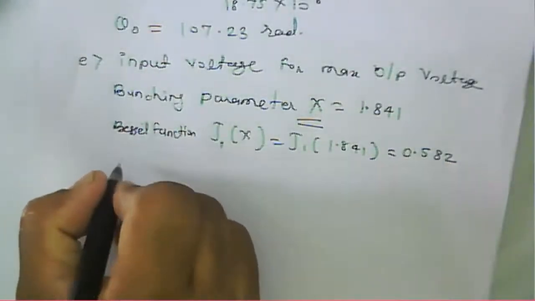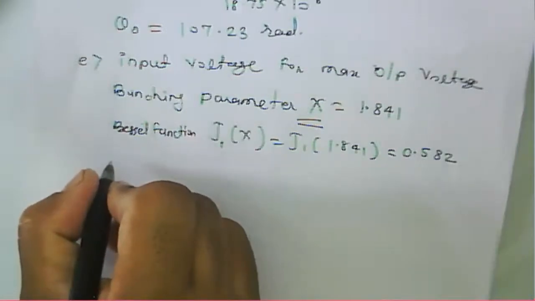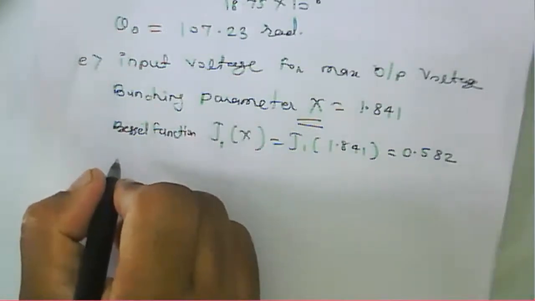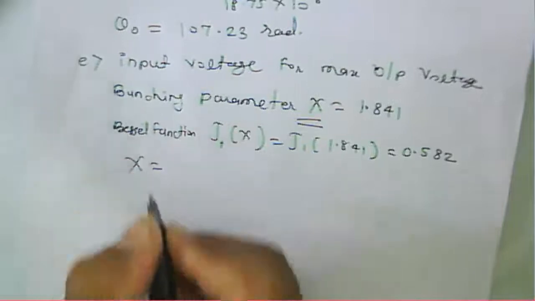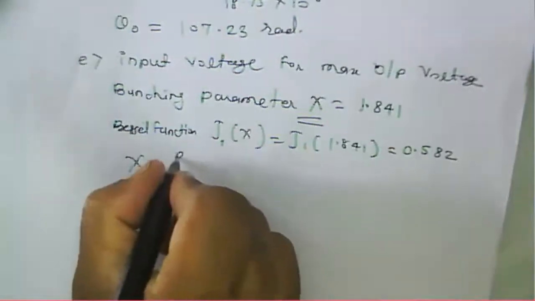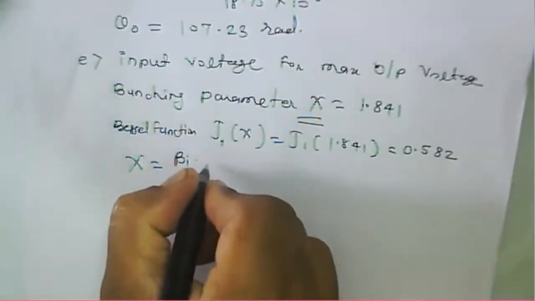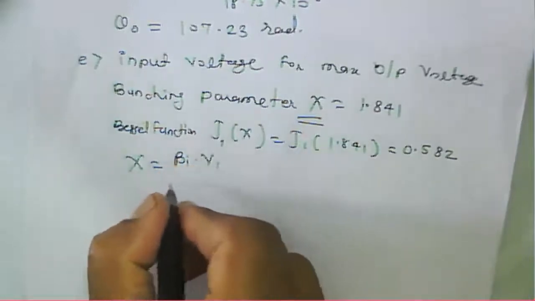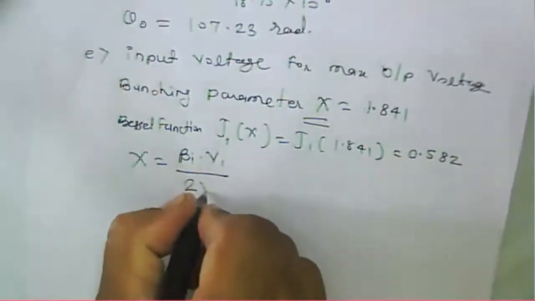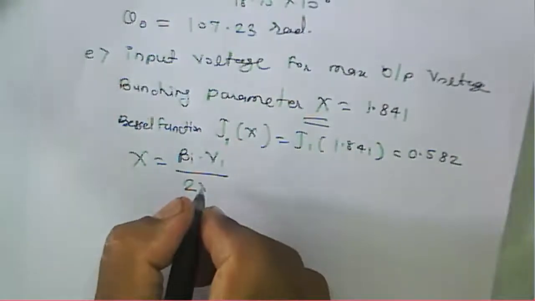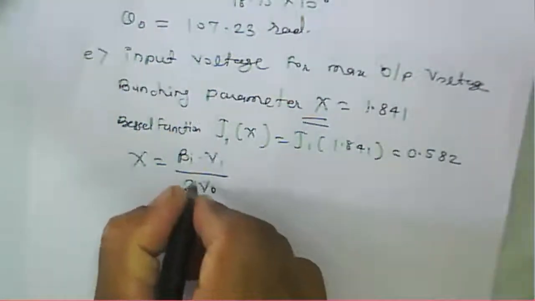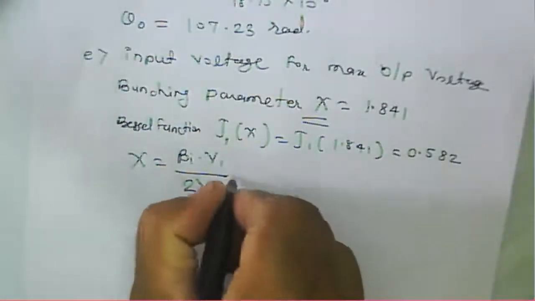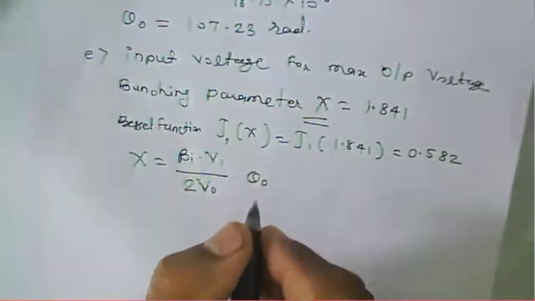So x is the bunching parameter. How much is the beam coupling coefficient? How much is V1? How much is the capital V0? And what will be theta 0?